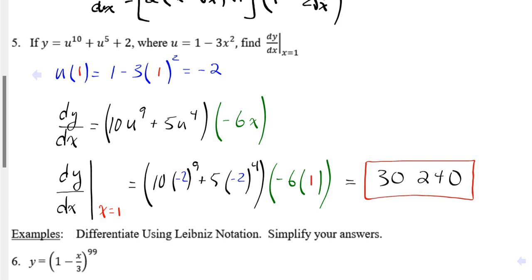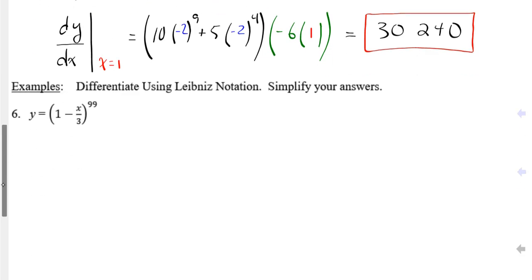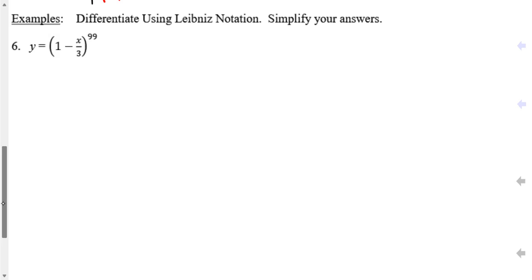Question? Okay, number 6. We're going to differentiate and simplify the answers. Simplify, likely for this one, is just going to mean factored form, because we don't want to expand the ridiculous thing we're going to get. But notice this time we don't have y as a function of u and u as a function of x.